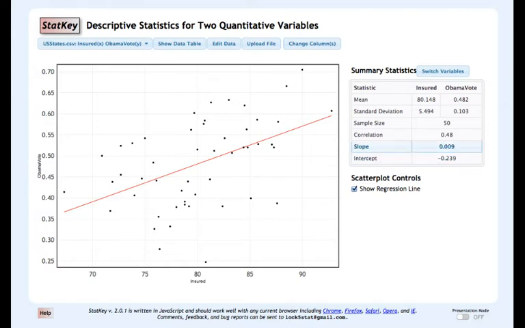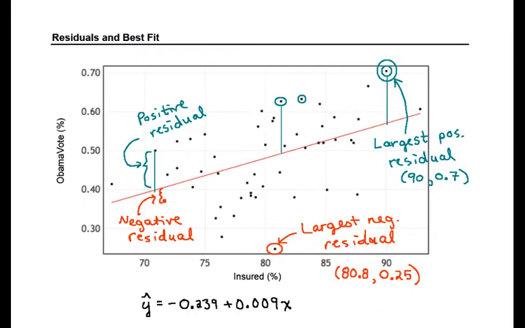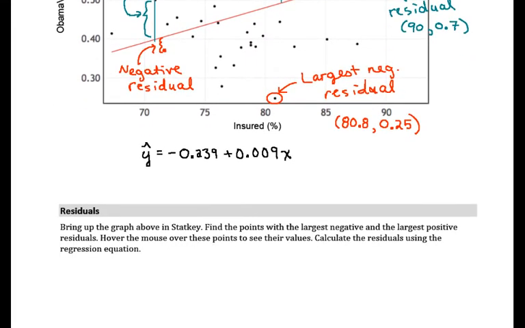And we've already found this regression equation as well, using the slope of 0.009 and the y-intercept of negative 0.239. So putting all of this together gives us enough information to calculate these residuals.